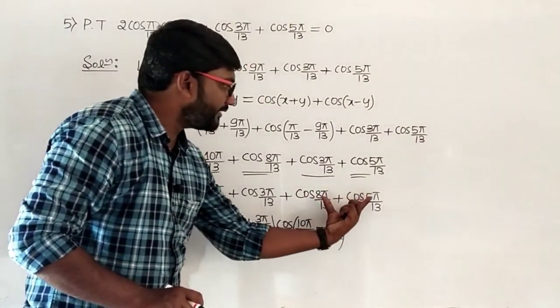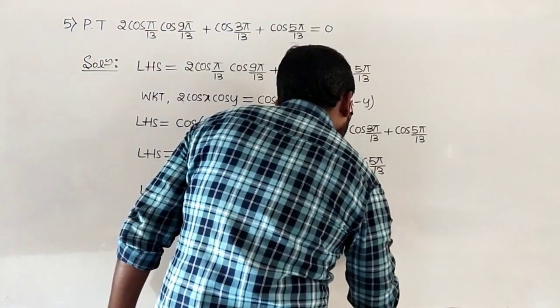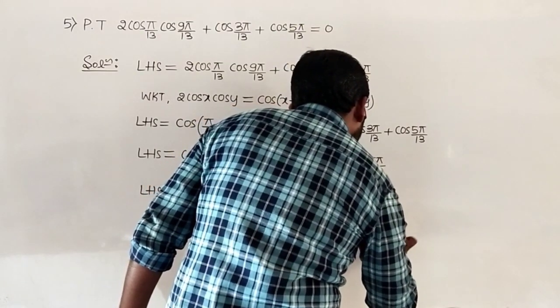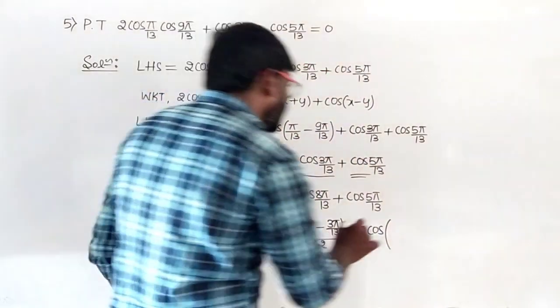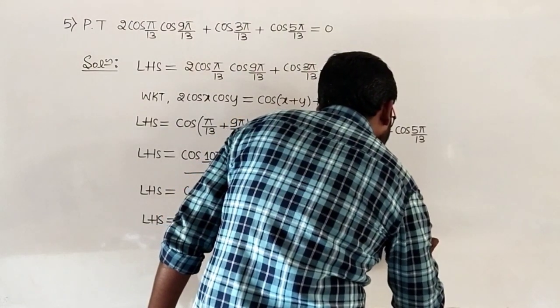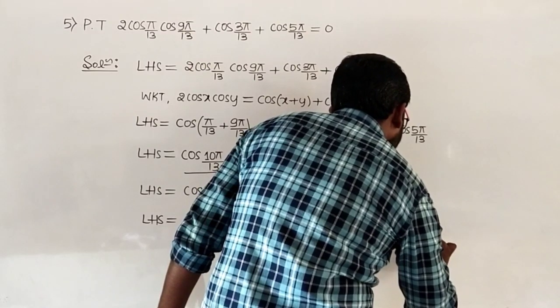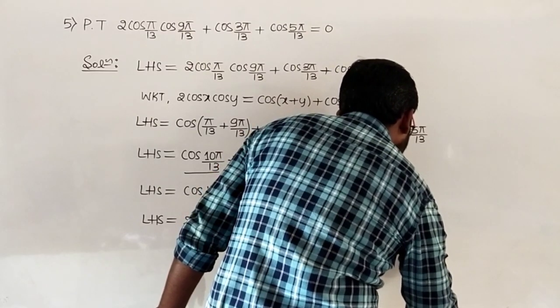Plus again here we have to apply cos x plus cos y formula. Plus 2 cos of x plus y by 2, 8 pi by 13 plus 5 pi by 13 whole divided by 2.